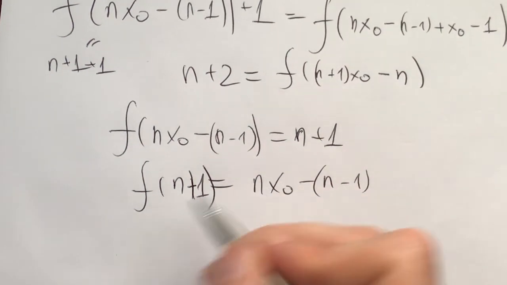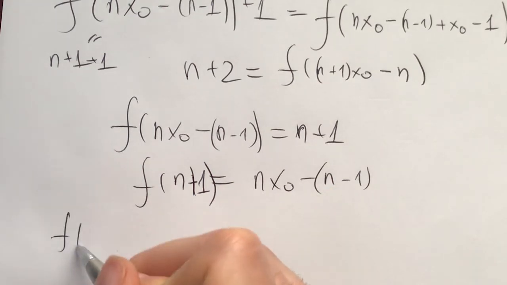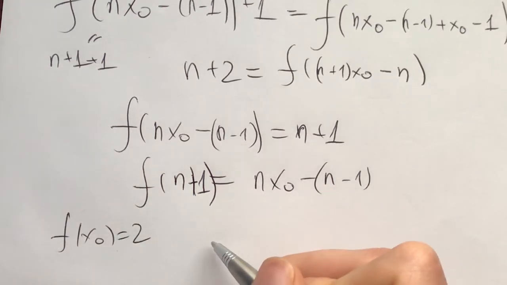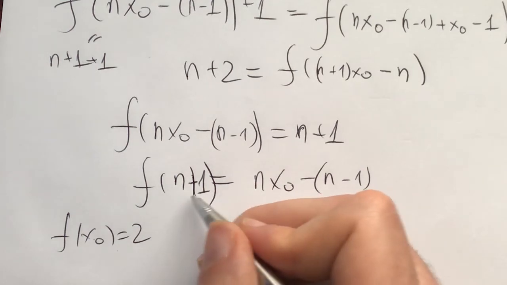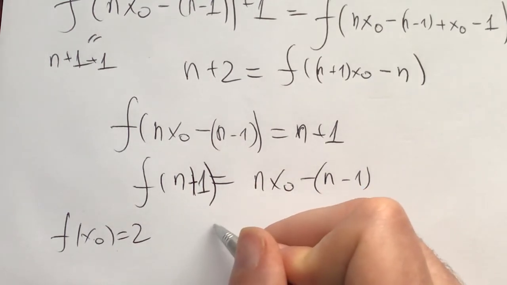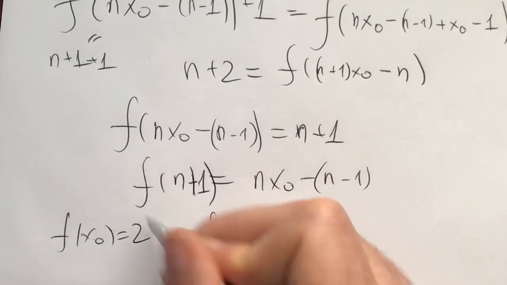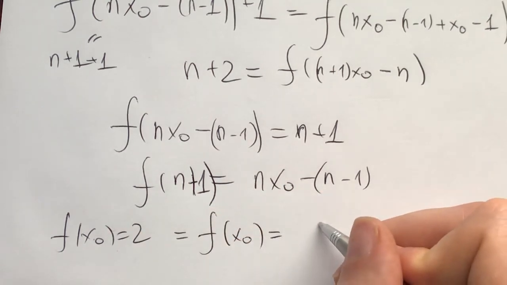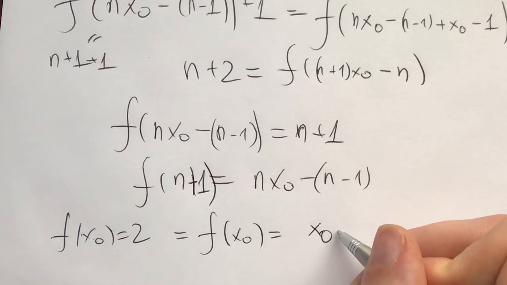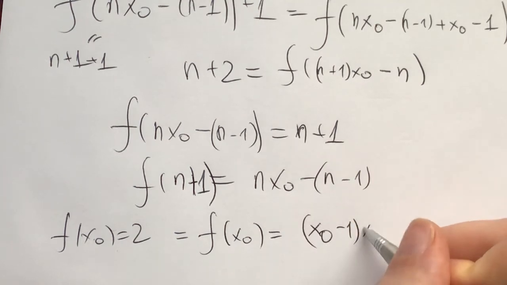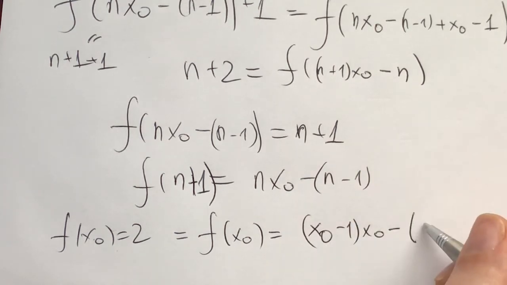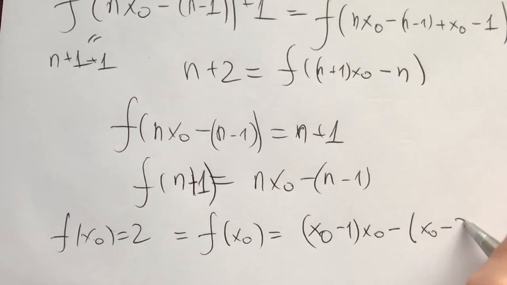Now what we know is that f of x0 is equal to 2. So now let's plug in n plus 1 is x0. So we'll get that f of x0, which is equal to 2 on one hand, is equal to x0 minus 1 times x0 minus x0 minus 2.